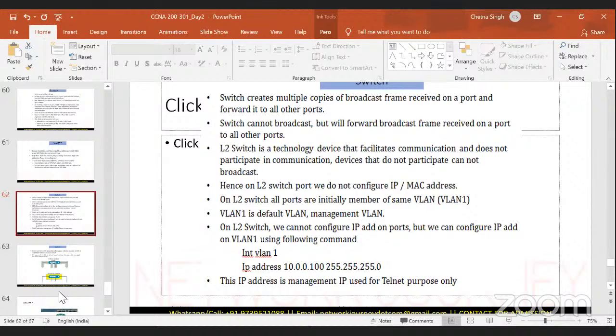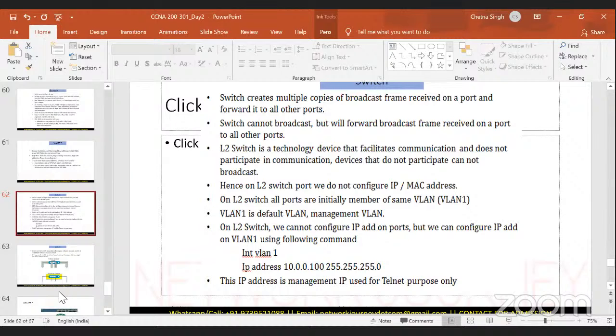A switch will broadcast the frame when it sees that there is no MAC entry in my table. If that entry is not known to the switch, then it will make multiple copies of the same frame and broadcast to all other ports.